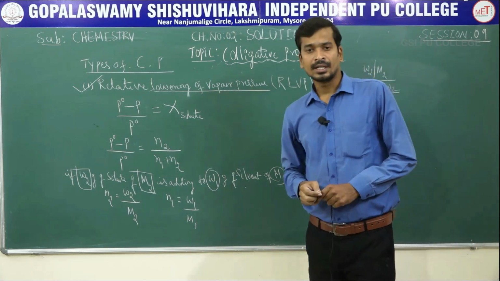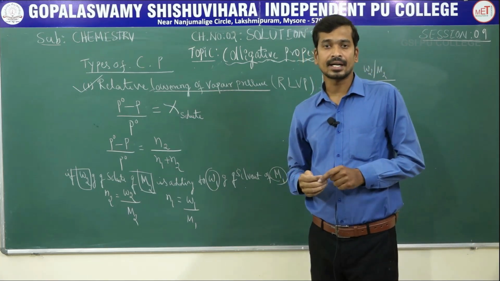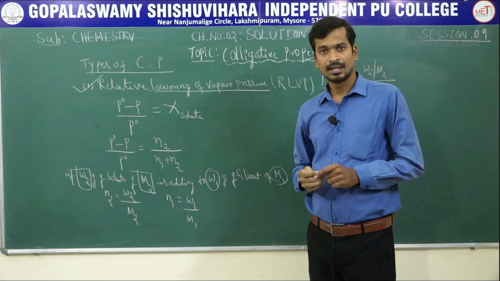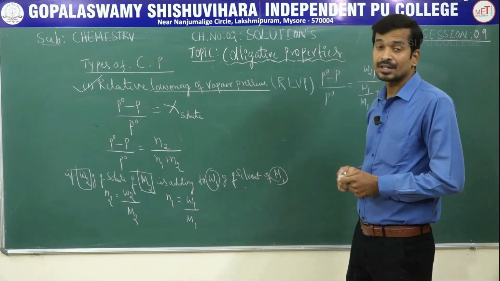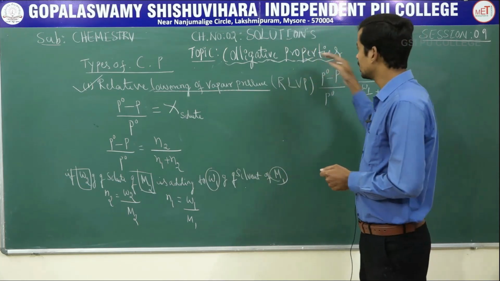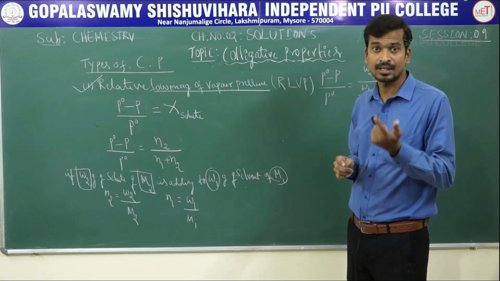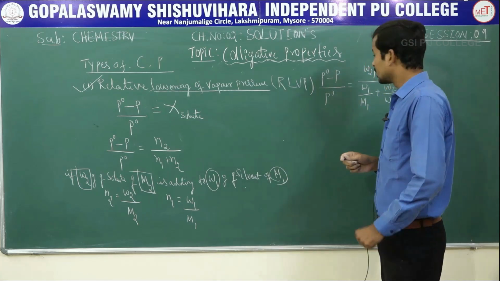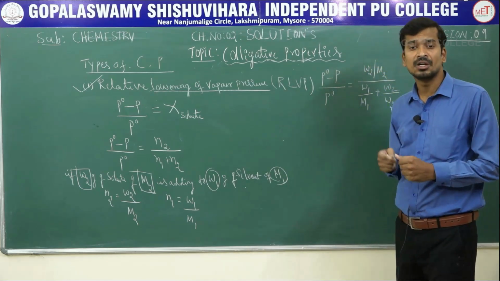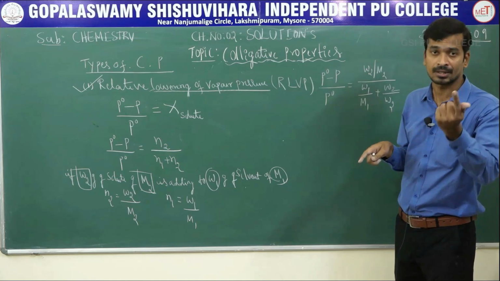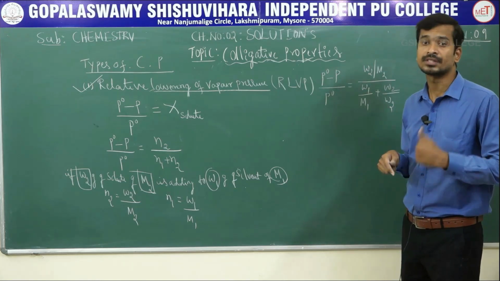Suppose you have to know the dilute solution and the concentrated solution. Clear? Raoult's law is applicable only for dilute solution. You have to study in this chapter only the dilute solution, not concentrated solution. Dilute solution means the number of moles of a solute is very less compared to the number of moles of a solvent.